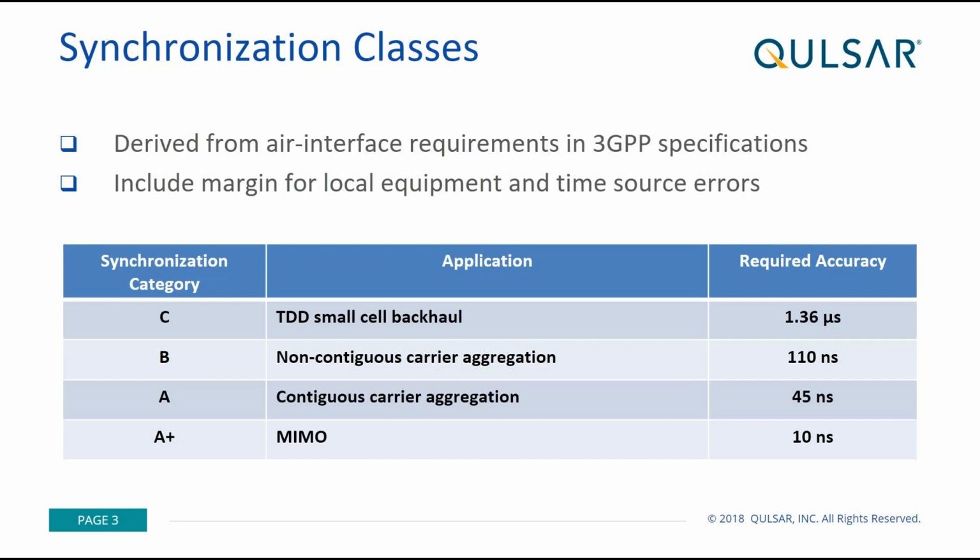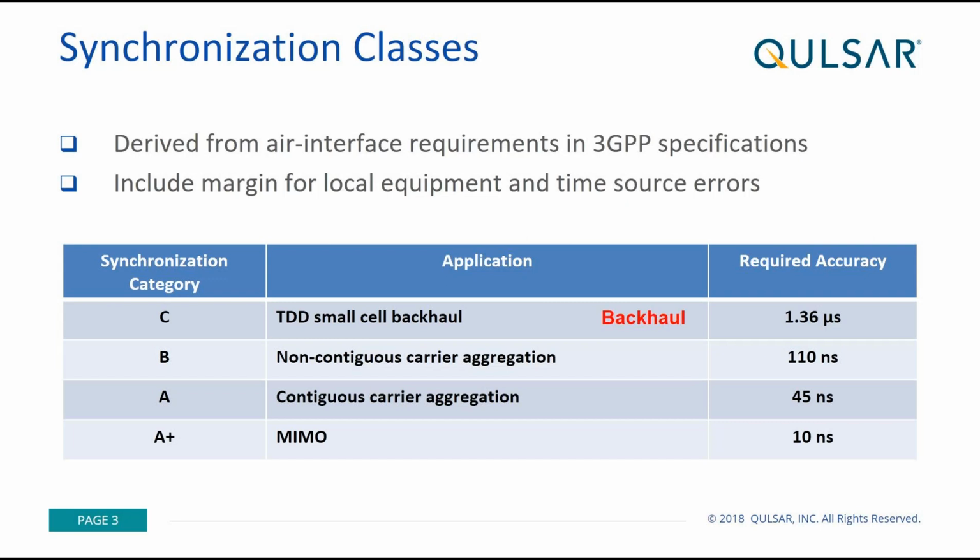So on the assumption that the network will be split like this, one can define a number of synchronization classes that define the level of synchronization that is needed for each particular portion of the network depending on the application, and they can be seen here in this table. The first of those is synchronization category C, which relates to the backhaul requirement, and this is, as you can see, 1.36 microseconds.